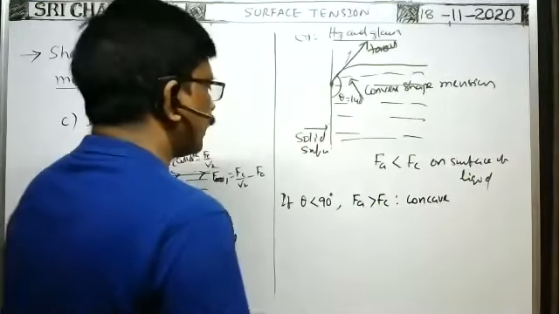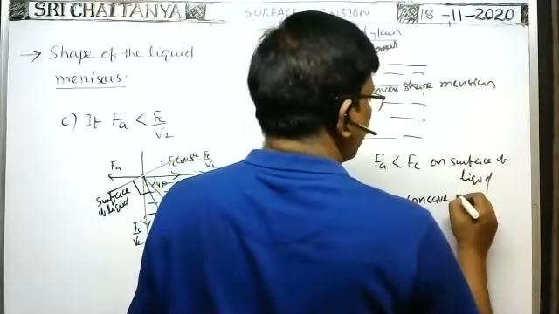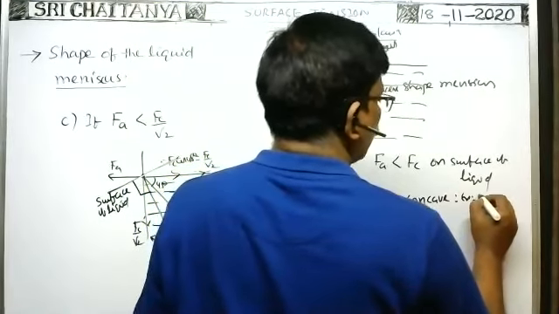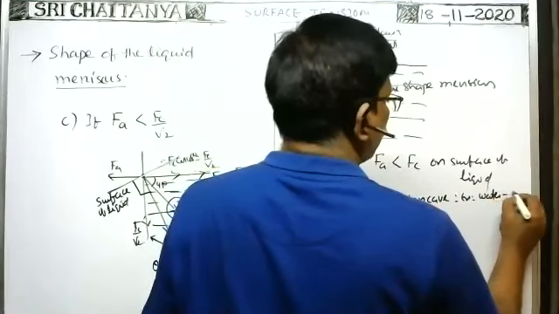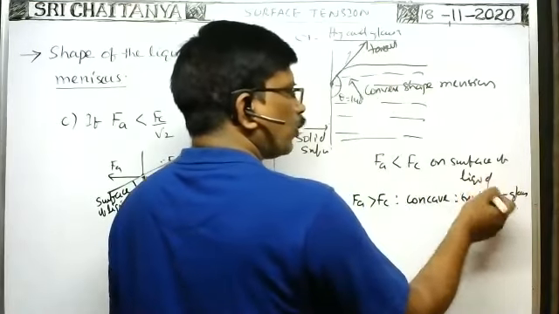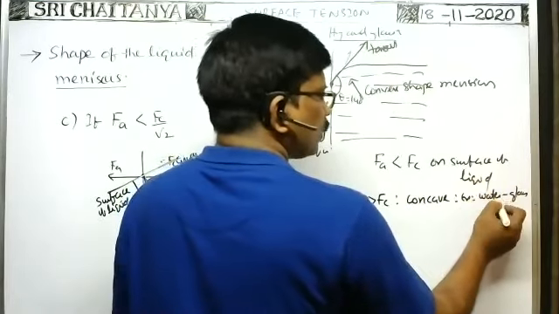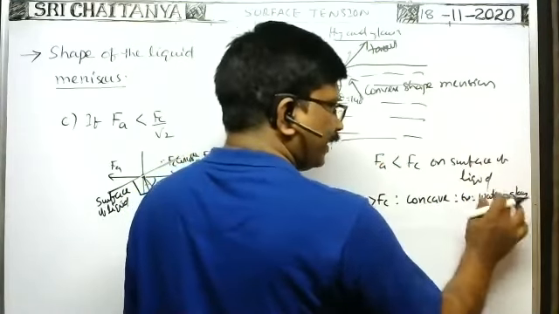Example: water and glass. Pure water and glass means 0 degree. Impure water means drinking water; drinking water and glass is 8 degree.